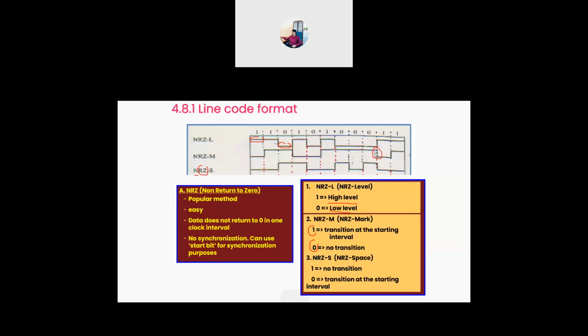And non-return to zero space: for one, you're going to have no transition. And when zero, you're going to have a transition at the starting interval, for the value of zero.